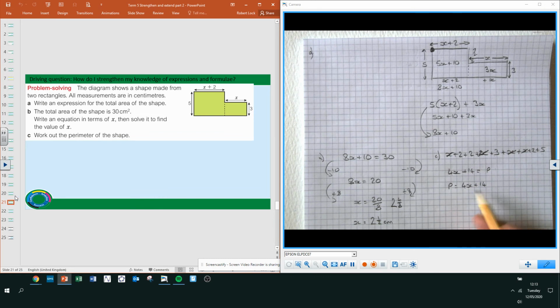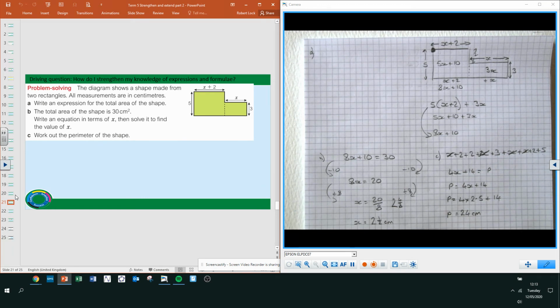But we know x is 2.5. So P equals 4 times 2.5 plus 14. 4 times 2.5 is 10 plus 14 equals 24 centimeters.